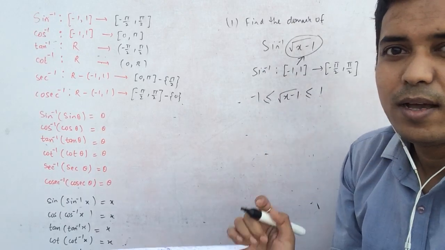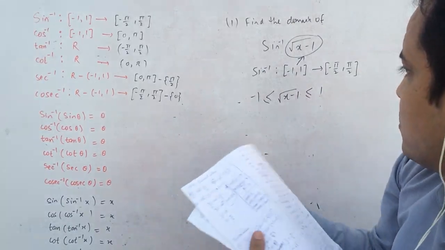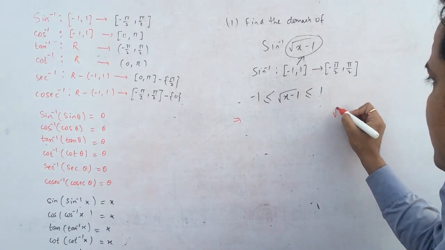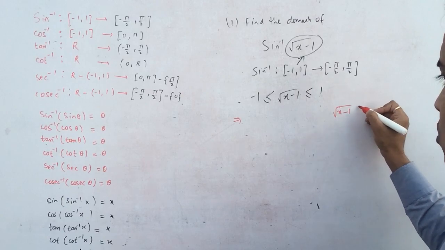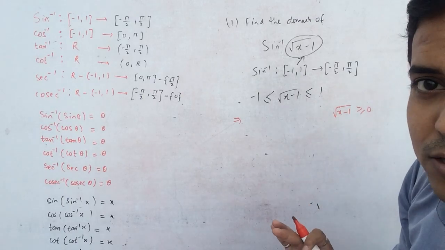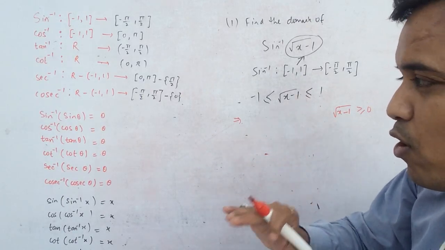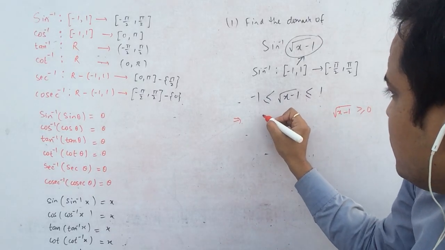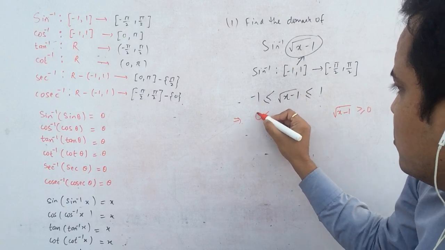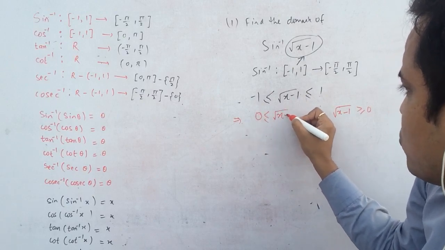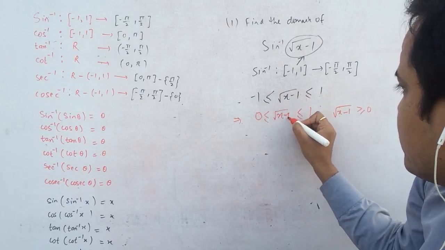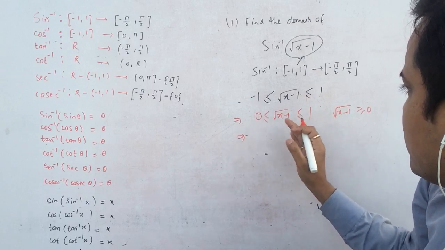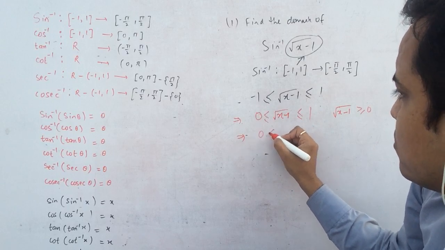You have to solve this question like this. What would you do? Since you know that root x minus 1 is always greater than or equal to 0, it cannot be negative, as we are only talking about real numbers. So it should be greater than or equal to 0 and less than or equal to 1. Now square all the inequalities. 0 squared is 0.